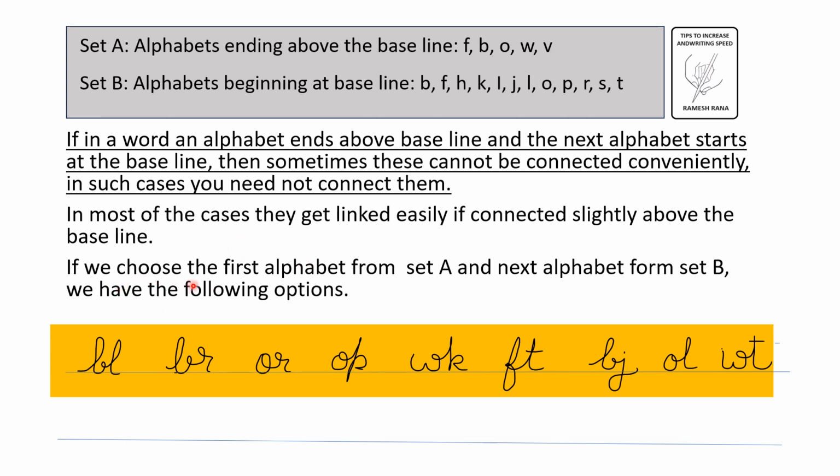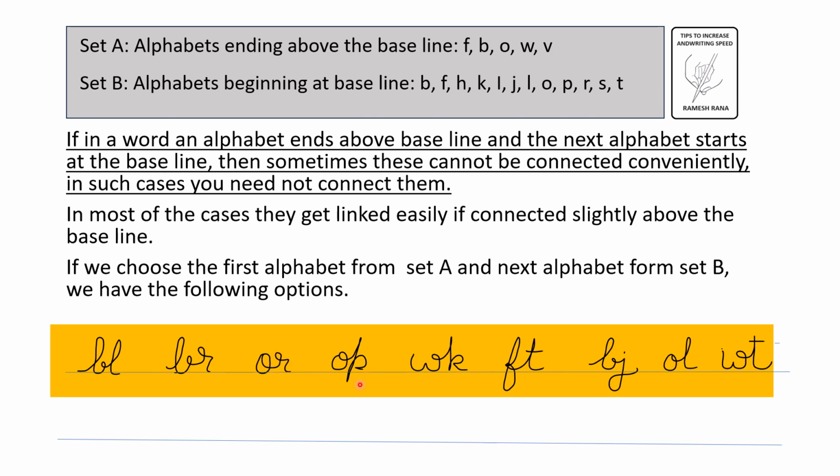If we choose the first alphabet from set A and the next alphabet from set B, we have the following options. Now look, B ended above the baseline. L generally starts at the baseline but can be started from here. Similarly, B can be connected to R. O can be connected to R. R starts at the baseline, but it can be started above the baseline also.